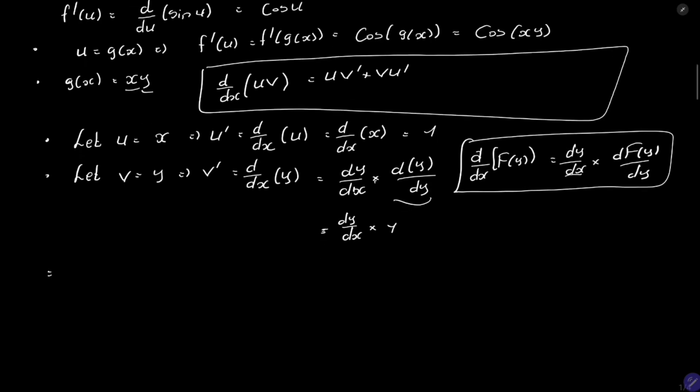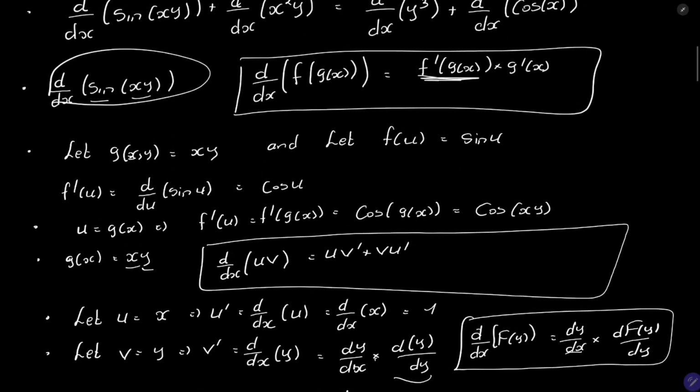So we can then conclude that g prime of x, which is u dv, what is u? x times dv, which is dy on the x, plus v, which is y, times du, which is 1. So this gives us x dy on the x plus y. So we have calculated our g prime of x and we have calculated our f prime of g of x.